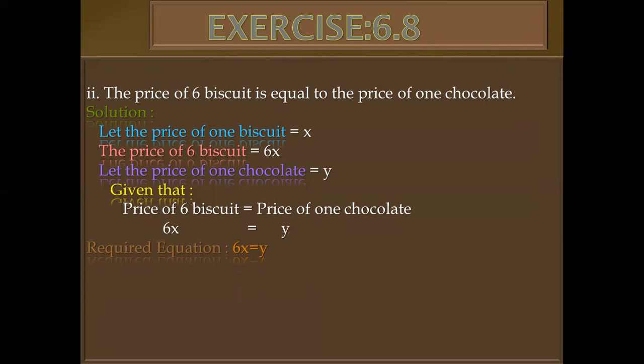Let the price of one biscuit be x, then definitely 6 biscuits will be 6x. The price of one chocolate is y, and only one chocolate is given, and the word equal is used. It means that 6x equals y. We got our equation.